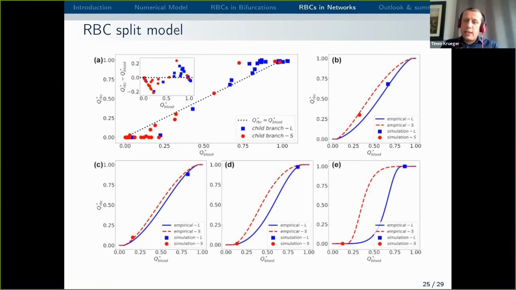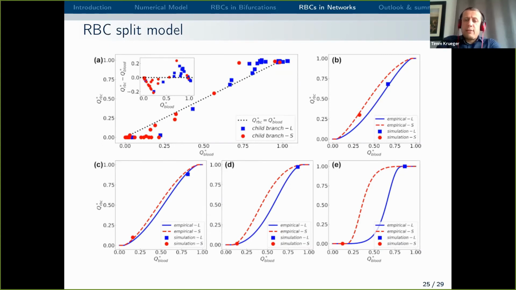So for each bifurcation, you always have two child branches. And normally, in a real geometry, one of them will be larger, which is indicated by L, and these are the blue data points. And one of them will be smaller in terms of diameter, indicated by S, and these are the red data points. And you can see that the vast majority of the larger branches receive the biggest fraction of blood.